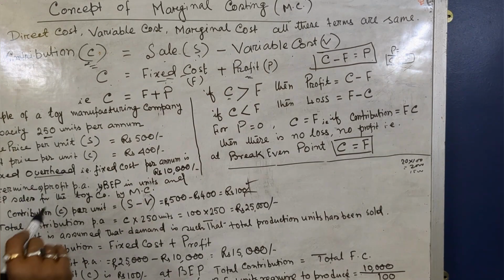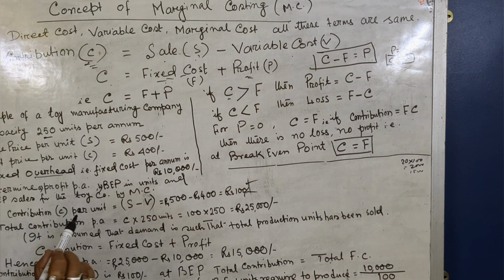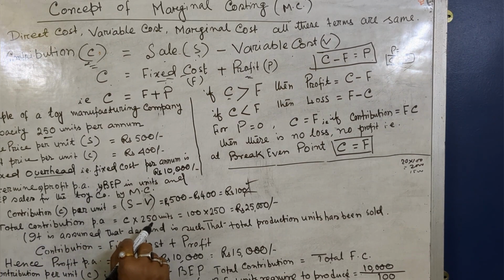It is assumed that the total capacity of the toy company is being sold in the market. That means whatever it is producing per annum, that is 250 units, the entire production will be sold in the market. Then what is the total contribution per annum?